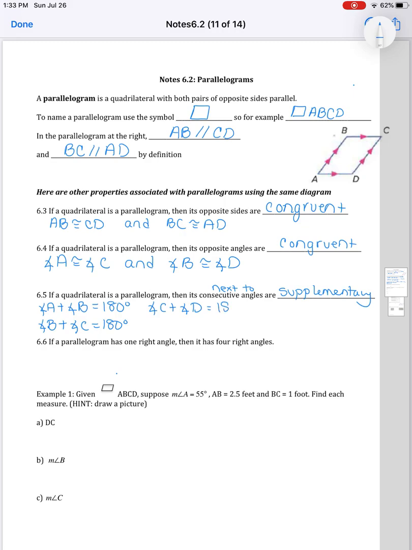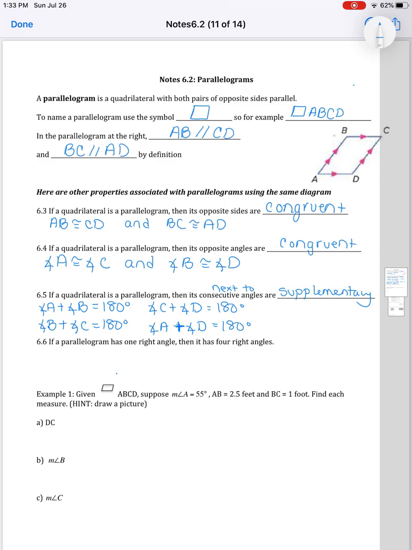If a quadrilateral is a parallelogram, then its consecutive angles are supplementary. Consecutive means next to, and supplementary means they add up to 180 degrees. So I have two angles that are next to each other that add up to 180.